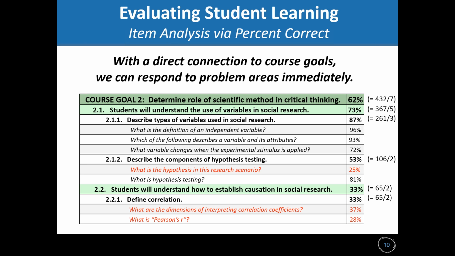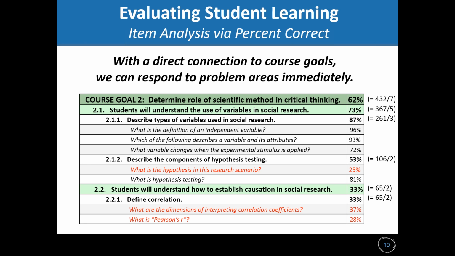It may mean that there's a problem with the way the question is asked. It was confusing in some way. They didn't really know what you meant. It could mean that there's a mistake in the key. You need to go back and make corrections on that. Or maybe the answer categories that were available were too similar and they had a hard time choosing.